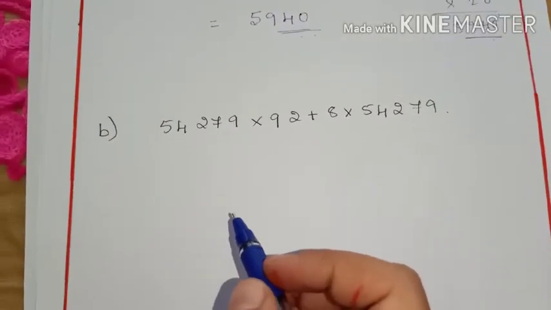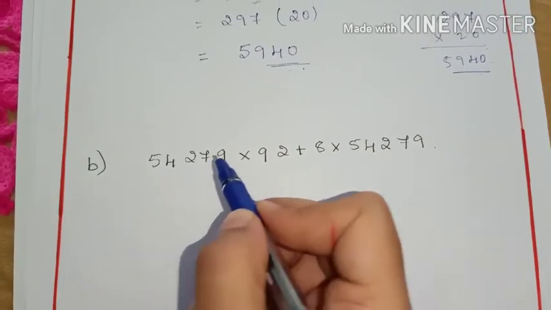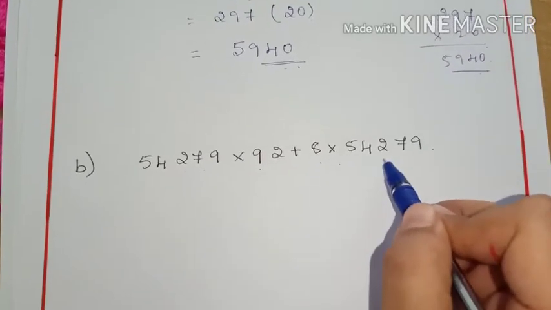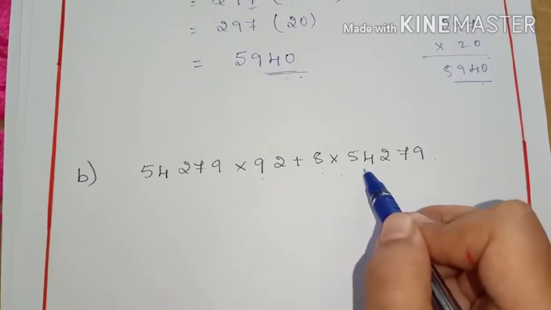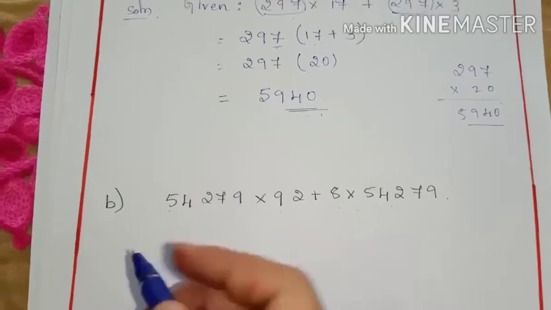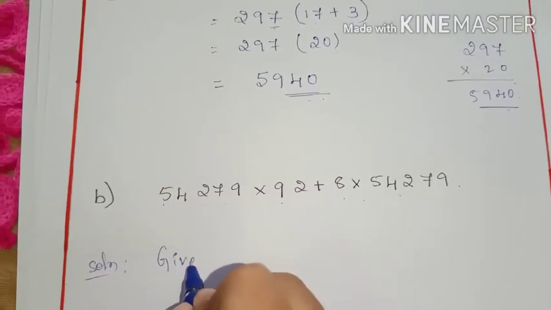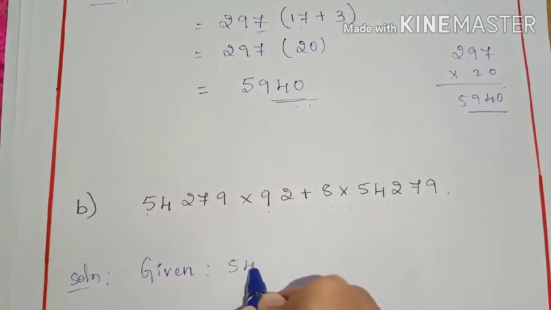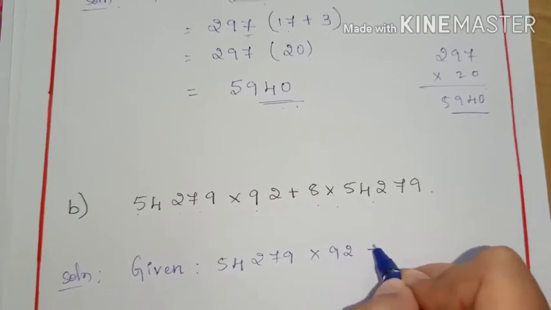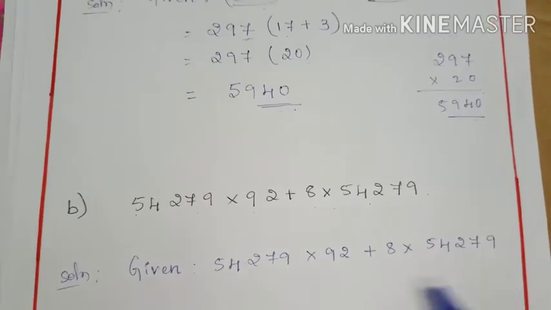The similar type. 54,279 into 92 plus 8 into 54,279. Solution. Write down the given: 54,279 into 92 plus 8 into 54,279.